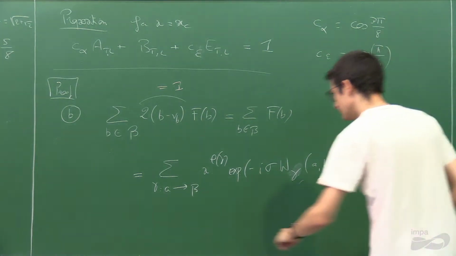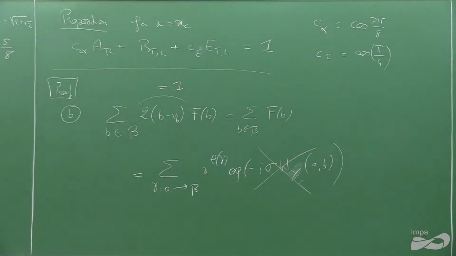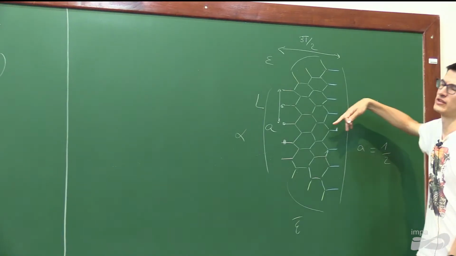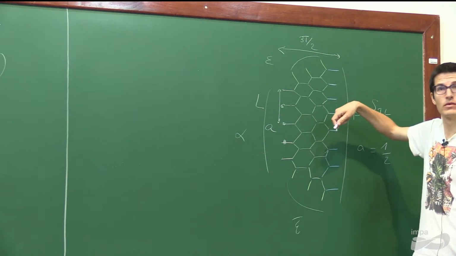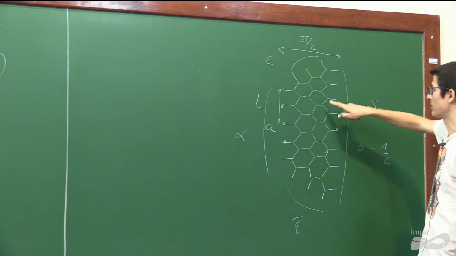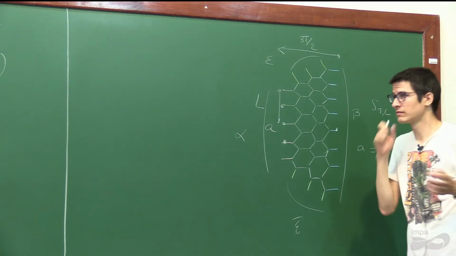But now, if you look at a path from alpha to beta, the winding number has to be 0. Every turn you make, you have to compensate it in order to exit here. And this is because it's non-crossing.